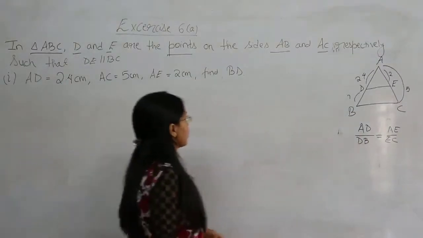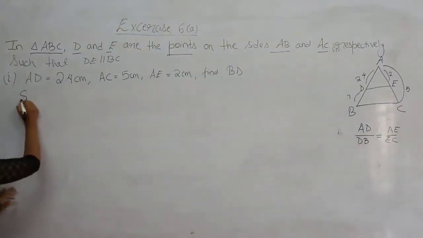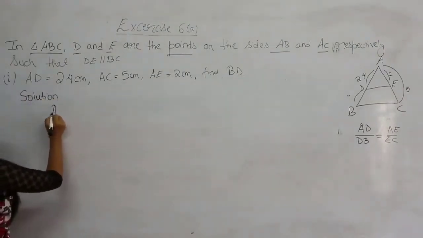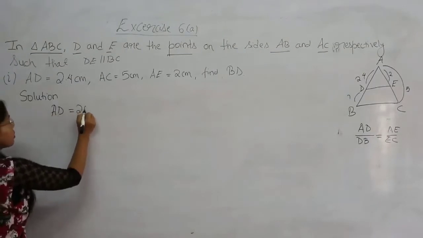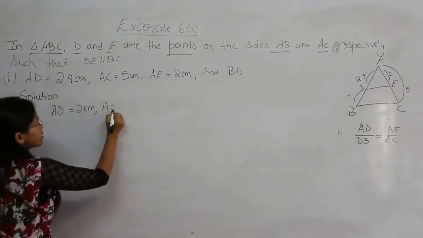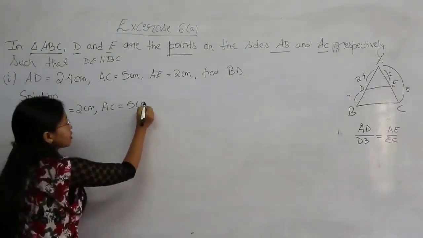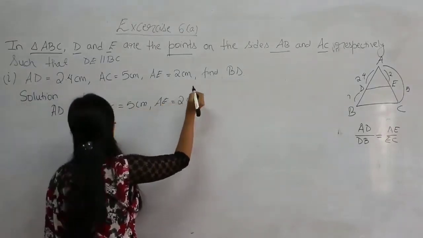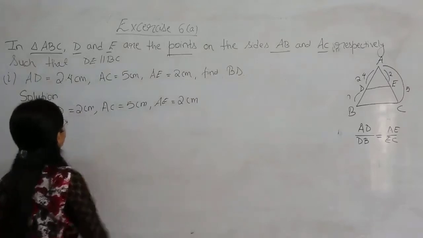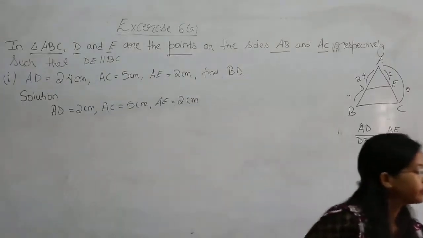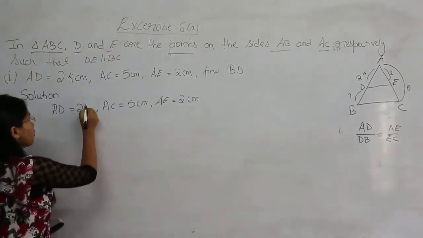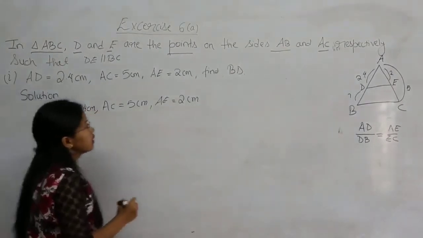So we can use this for solving question number 1. Alright, solution. We have AC is 5 centimeter, AE is 2 centimeter, and AD is 2.4 centimeter.